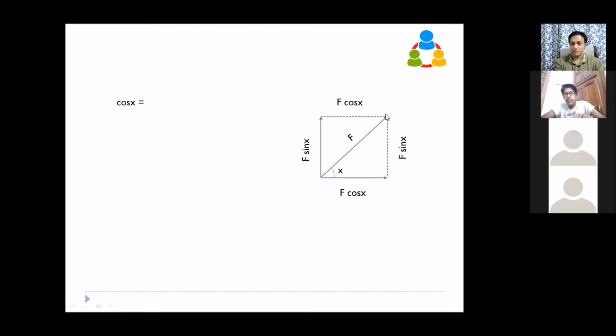I have calculated this is 100 Newton, and this is, assume, 60 Newton, and this side is whatever is 100 minus 60 square, say 70 Newton, whatever it is. So I know these three values. From that, how can I get cos and sine values?